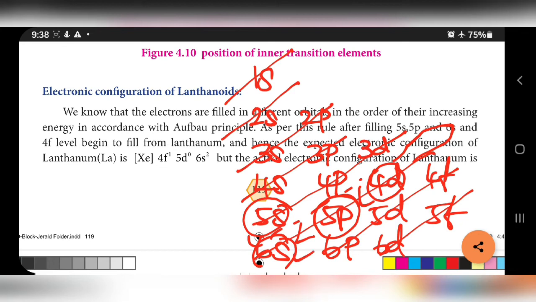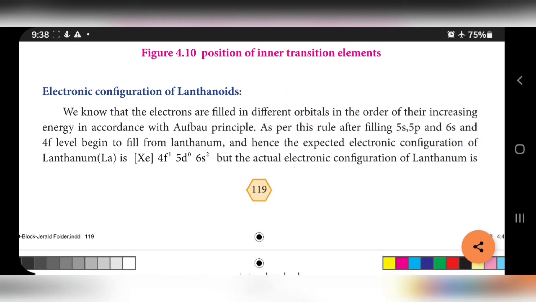After that only, electrons are filled in the 4f subshell. So after filling 5s, 4d, 5p, 6s, the 4f level begins to fill from lanthanum.